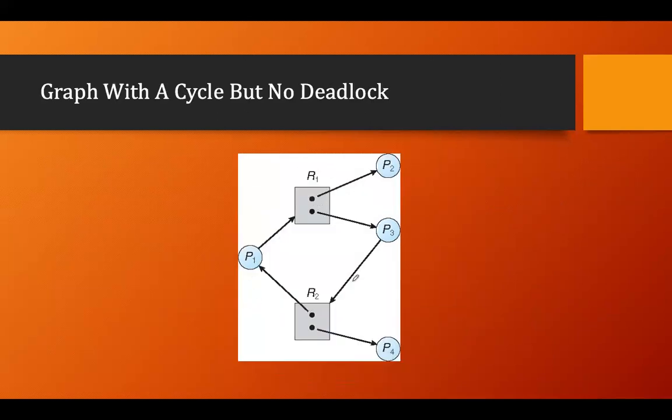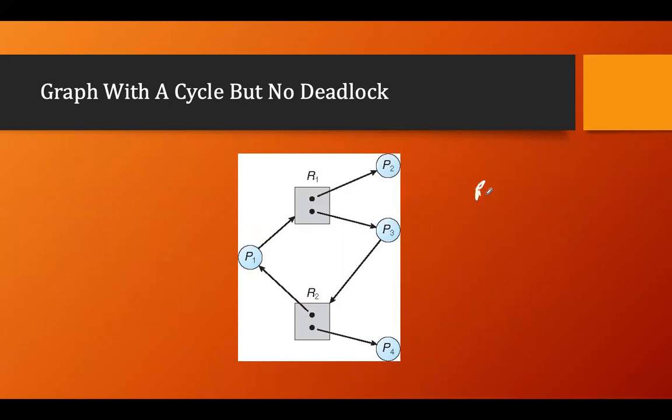This is another wait-for graph. Here we don't have any deadlock. Let's see. P1 is holding resource R1 and requesting R2. R1 is already held by P2.